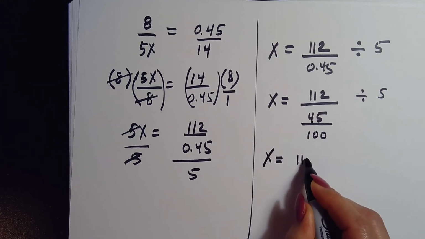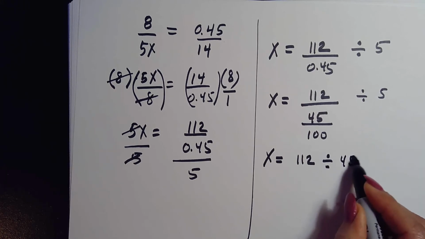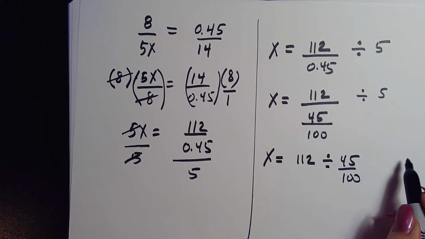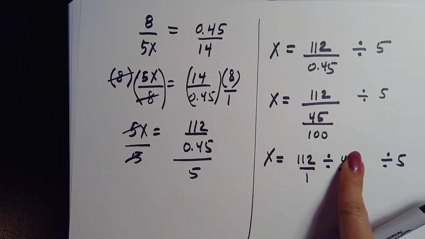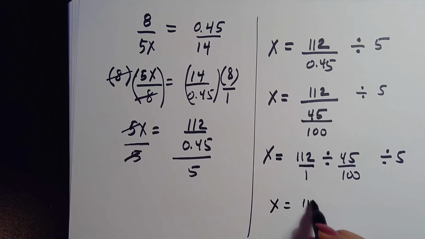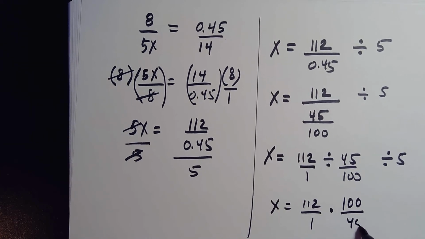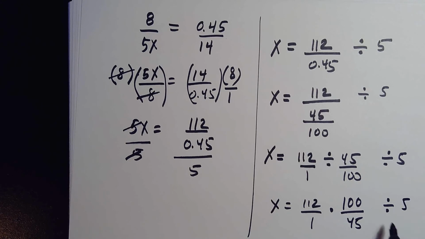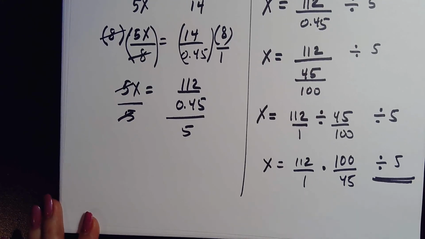So this is 112, and I'm going to divide that by 45 over 100, and then divide that by 5. I'm going to work this one first. So x equals 112 over 1 times, I'm going to invert, 100 over 45, and I'll do division by 5 last. Okay? And it's going to give you the same answer.